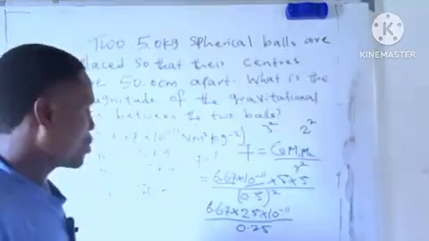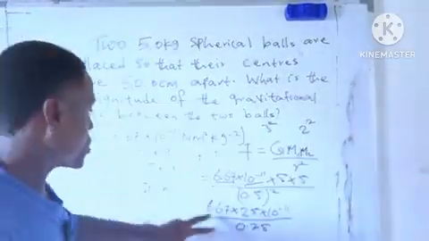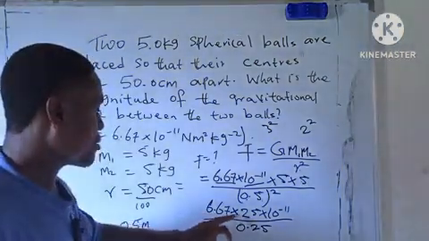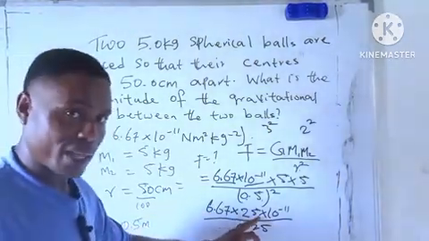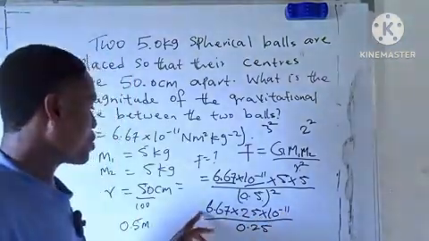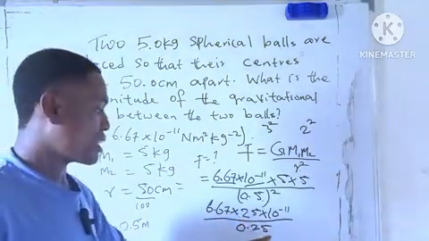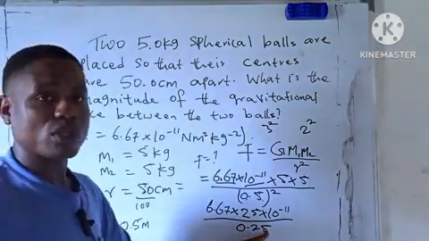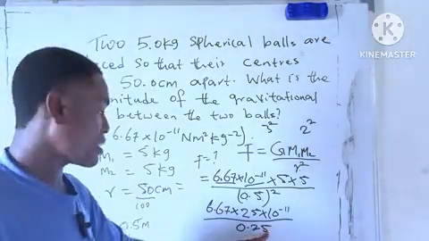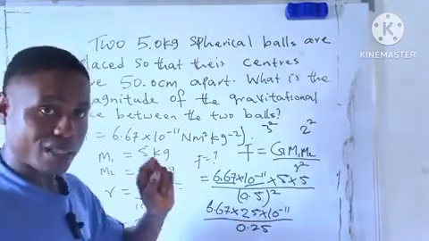So at this particular point, what you need to do is press on the calculator 6.67 times 25, then divided by 0.25. Don't touch the power of 10 part.